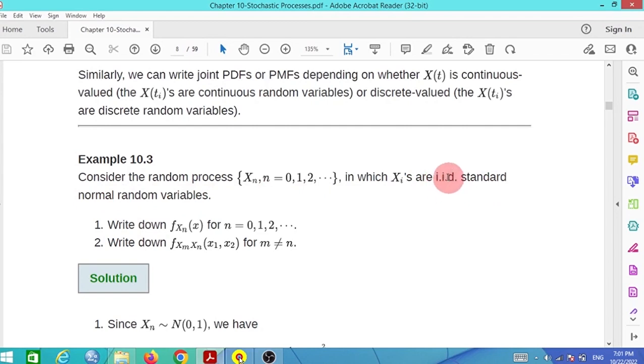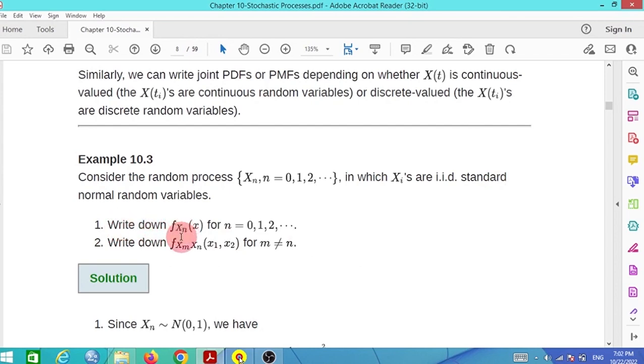Iid means independent identically distributed, meaning X for each n has the same distribution, and the distribution is standard normal. Come back and study normal random variables.